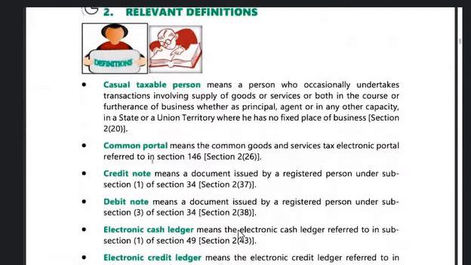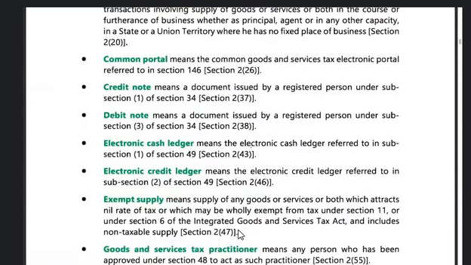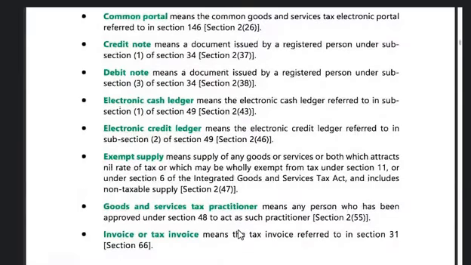Certain definitions relating to returns. Common portal means the common goods and services tax portal referred to in section 146, that is gst.gov.in. Electronic cash ledger means the electronic cash ledger referred to in sub-section 1 of section 49. Electronic credit ledger means the credit ledger referred to in sub-section 2 of section 49.